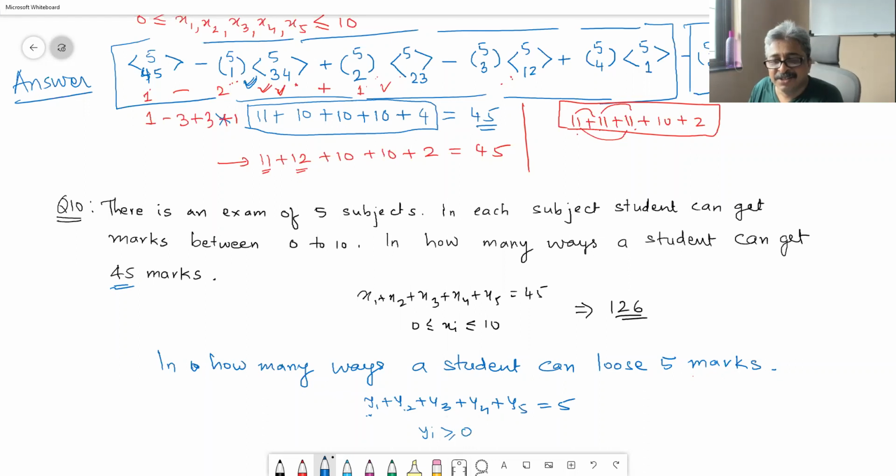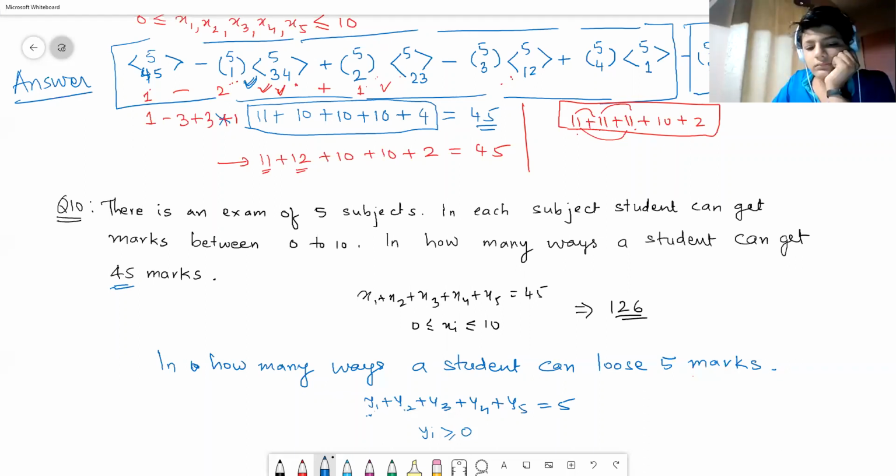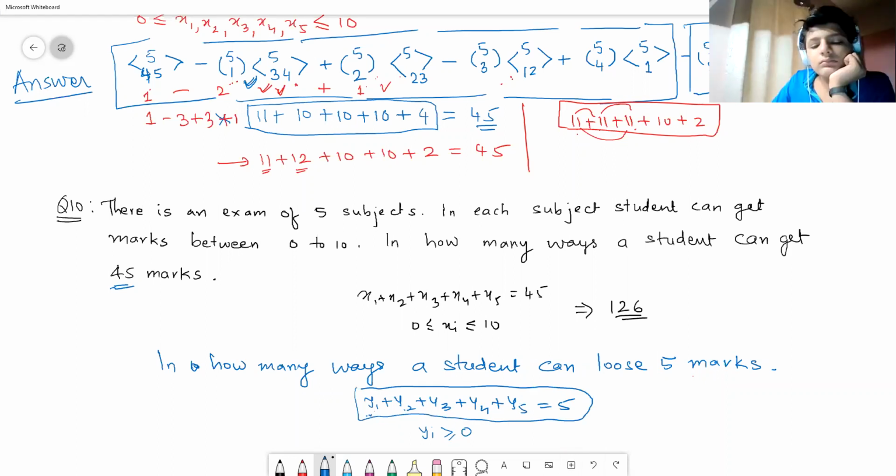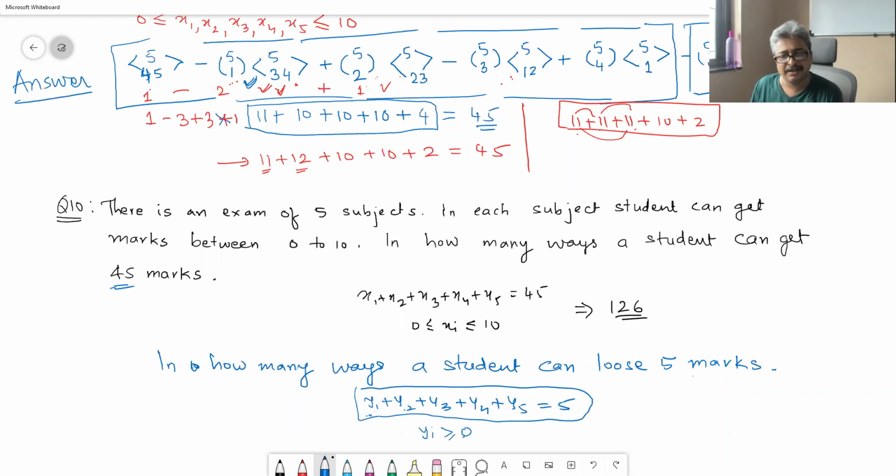In the first subject he can lose 0, 1, 2, 3, 4, 5 marks, and the same in the second subject. So for this elbow notation problem, y1, y2, y3, y4, y5 start from 0 and have infinite supply.